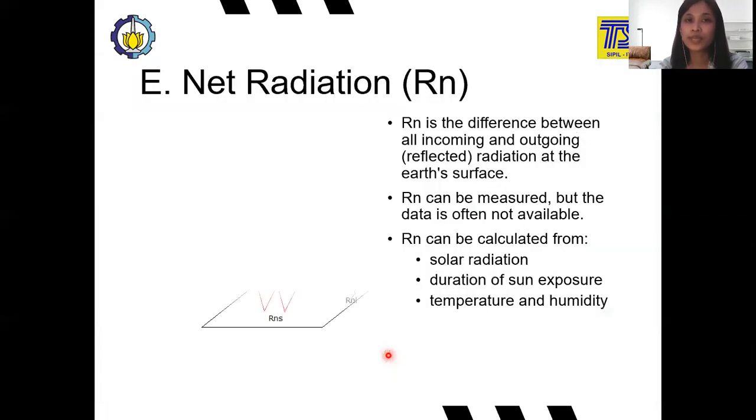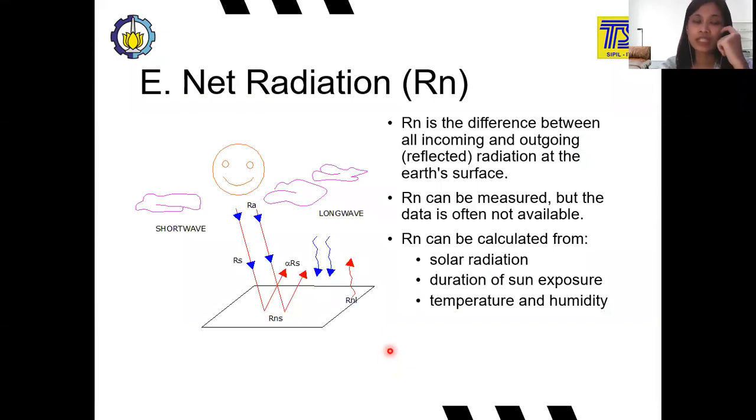And after the weighting factor, we have here the net radiation. The net radiation is the difference between all incoming and outgoing reflected radiation at the Earth's surface. So here we have the incoming radiation from the sun, and then some of the radiation is reflected back to the atmosphere.